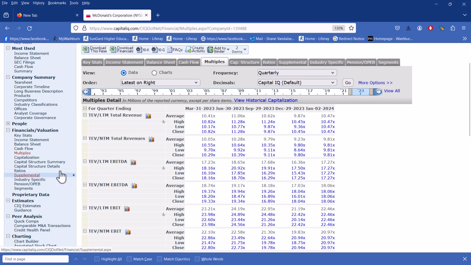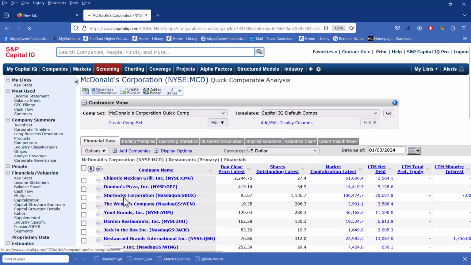We can go out here also and compare these, and this is really where these calculations have a little bit more value. I'm going out here to Quick Comps, and I'm going to go to trading multiples.